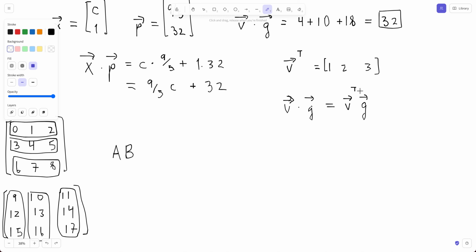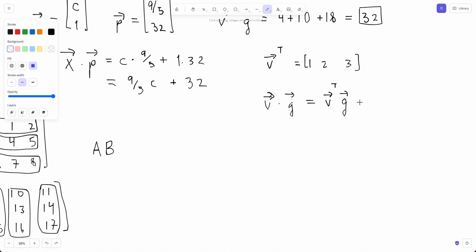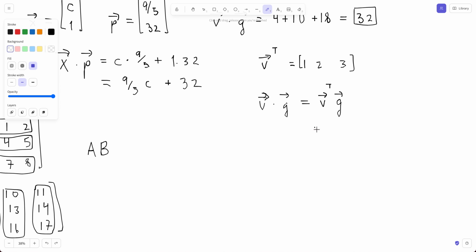To compute the dot product, you can look at this as a type of matrix multiplication, okay? So I'm going to rewrite this as 1, 2, 3, and 4, 5, 6. So remember, I said matrix multiplication, you can think of it as all of the possible dot products that you can do.